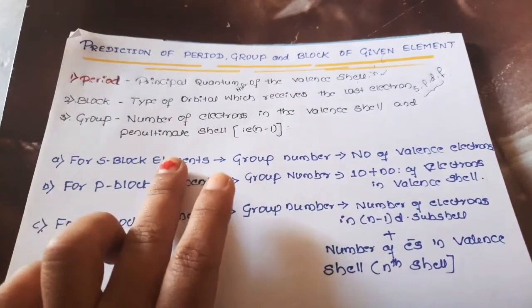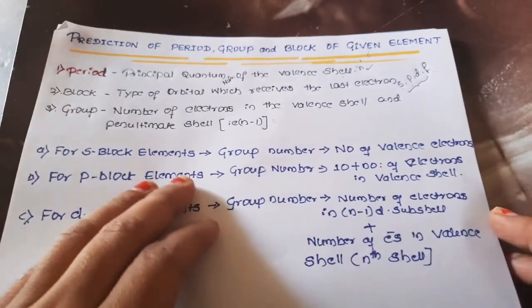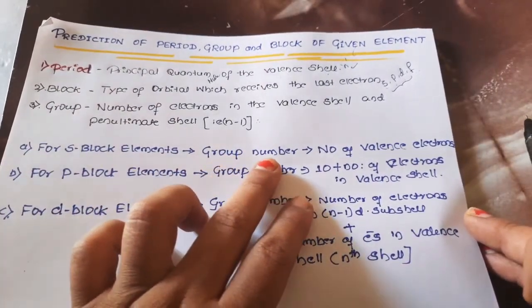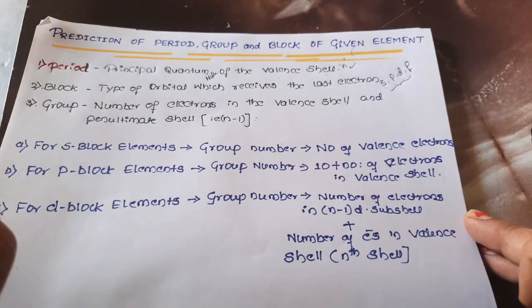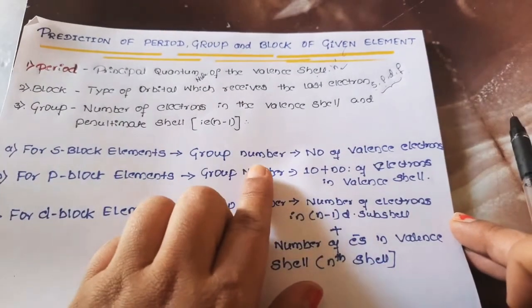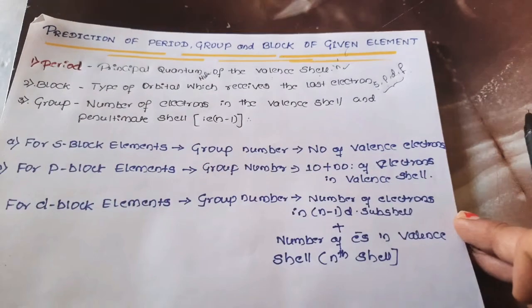But when it comes to S block, P block, D block, likewise the F block, different rules need to be applied in order to find out the group. See here, for the S block elements, how are we going to calculate the group number? As you all know, S block elements are present in group 1 and group 2 of the periodic table. You will see the number of valency electrons.